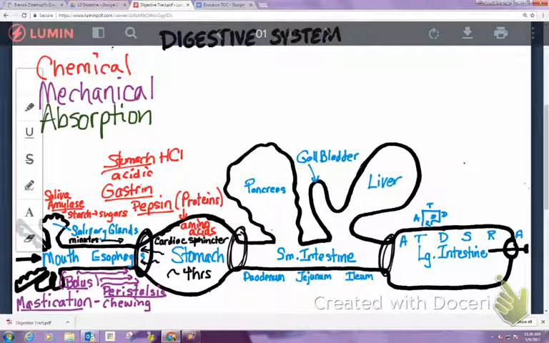Yes? I have a question. Is it bad to eat fast? Okay, the problem with eating fast is that you could actually eat more food in a shorter period of time, because it takes at least 10 minutes before your stomach will signal your brain that it's full.